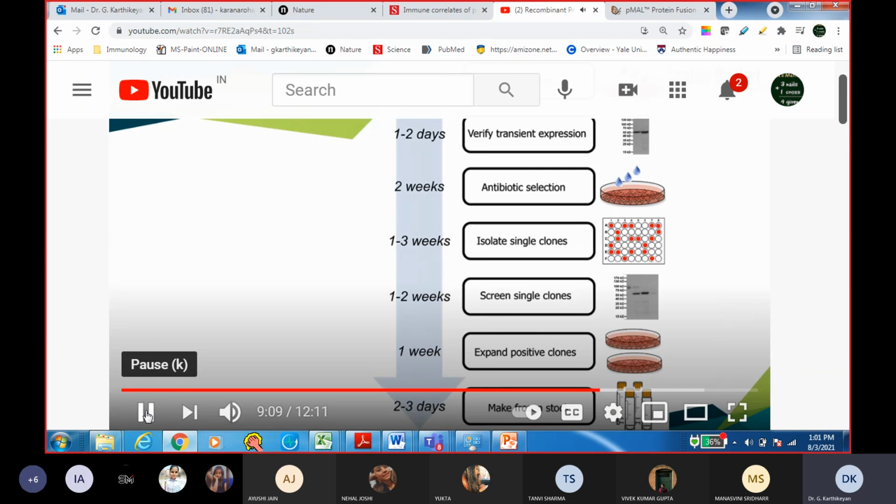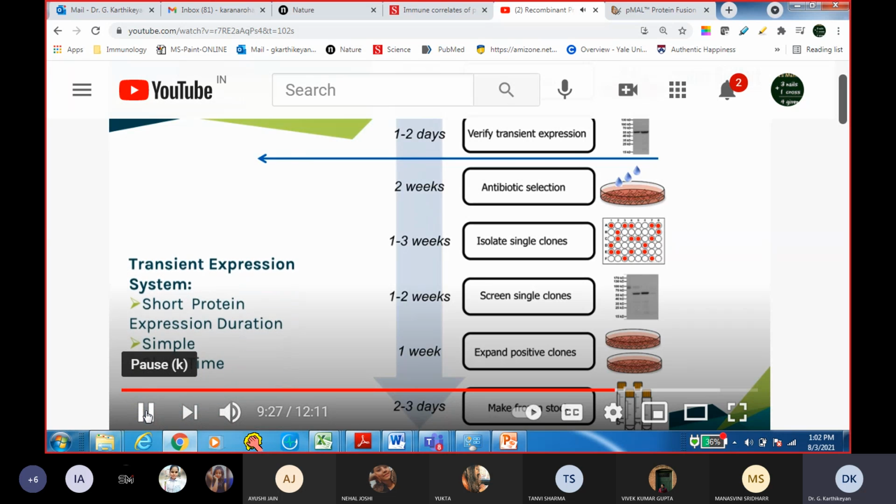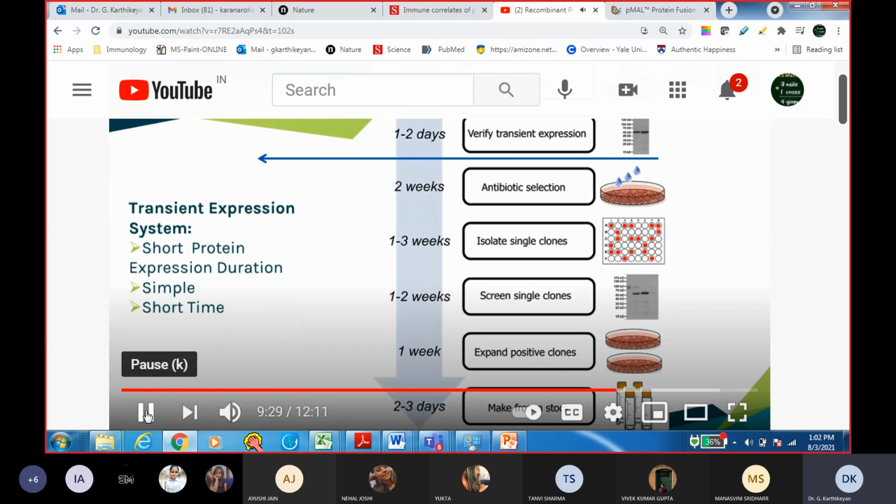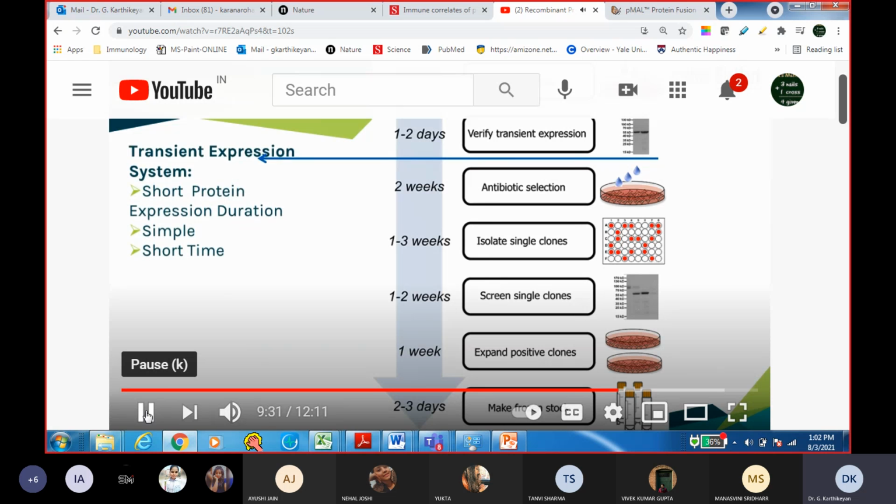Based on the temporal and spatial differences in protein expression, the expression system can be divided into transient, stable, and induced expression systems. The transient expression system refers to host cells cultured without selection pressure, where the exogenous vector is gradually lost during cell division. The target protein expression time is short.